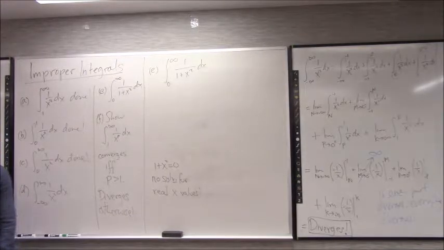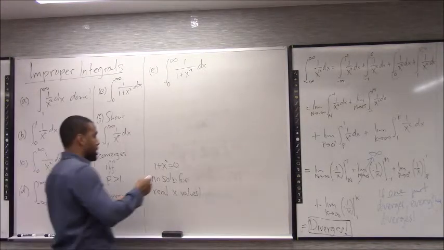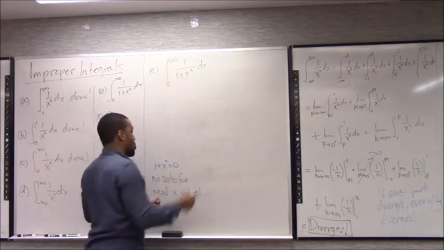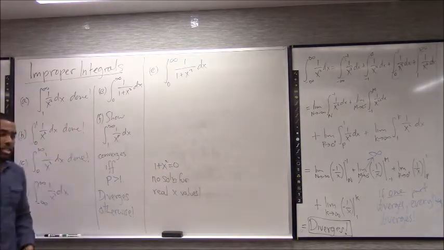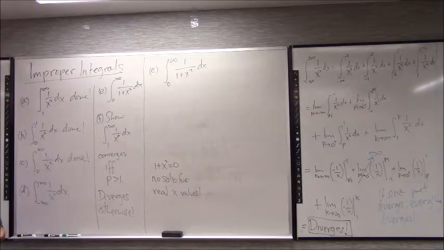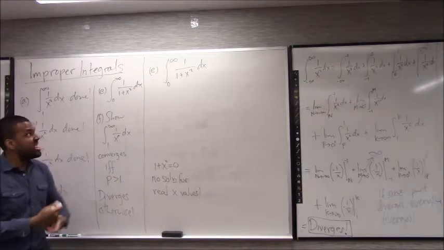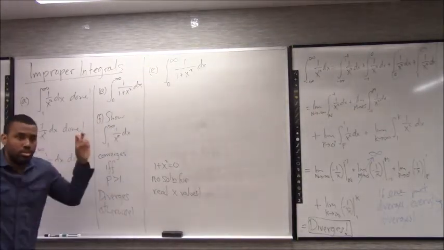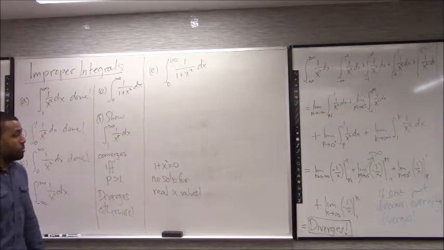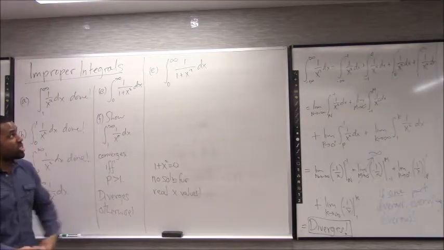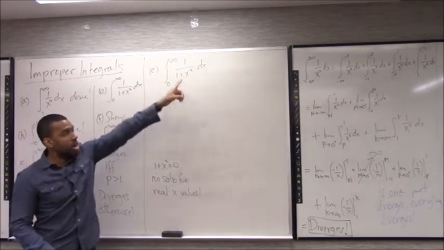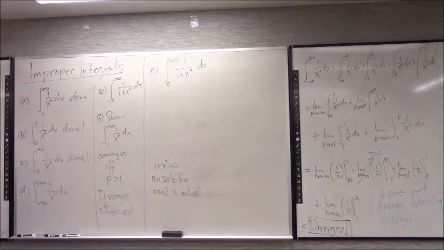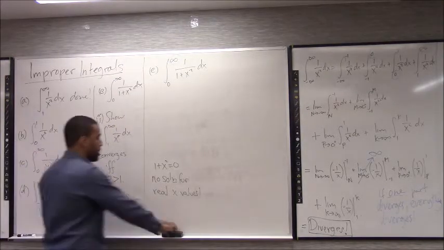Yeah, it's the positive infinity that's the problem, right? While 1 over 1 plus x squared will give us a value for any real number I plug in, infinity is not a real number. If I plug in infinity, what does that even mean? So it's an improper integral because of the infinite limit, not because the function misbehaves otherwise.